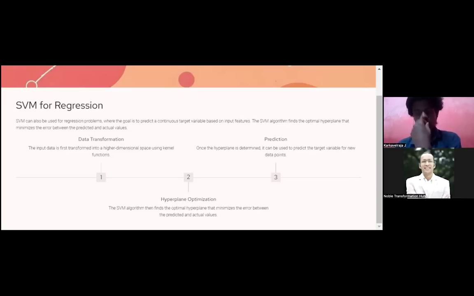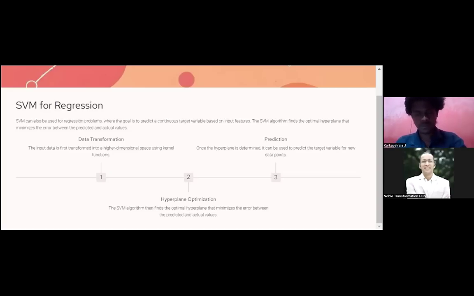Once the hyperplane is determined, it can be used to predict the target variable for a new data point. Once we have done the transformation in SVM for regression, it will do hyperplane optimization, then prediction will happen.